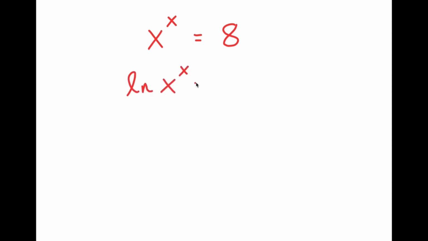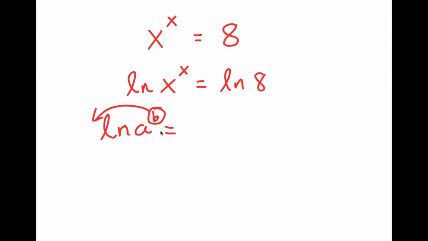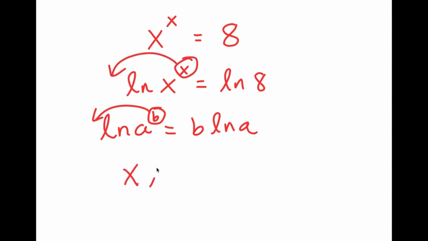So I get ln x to the power of x is equal to ln 8. And a helpful property that comes with logarithms is that if I have something in the form ln a to the power of b, I can move this exponent to the front, so this turns into b times ln a. So in this case, I can move x to the front. So now I get x times ln x is equal to ln 8.